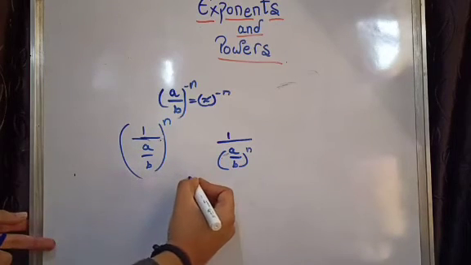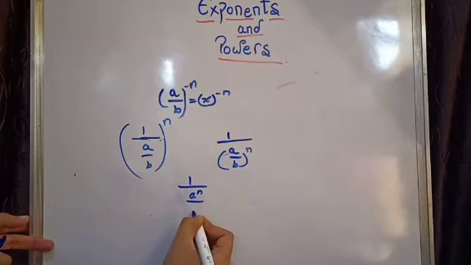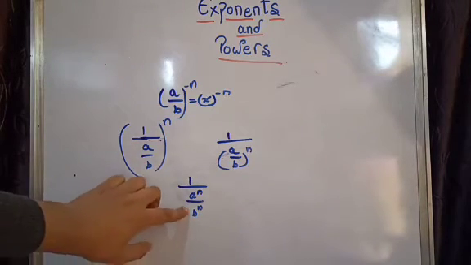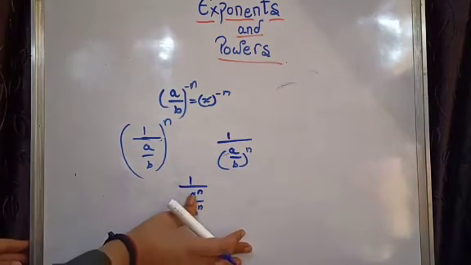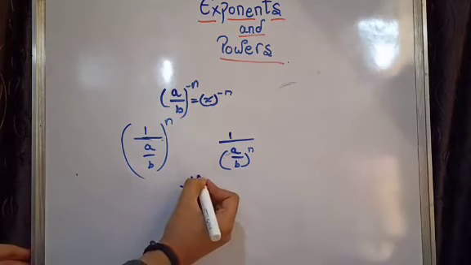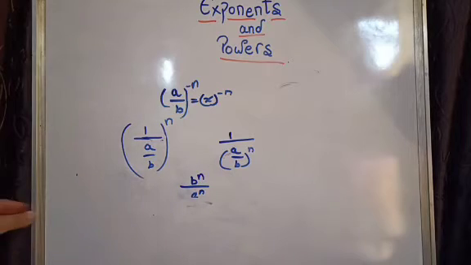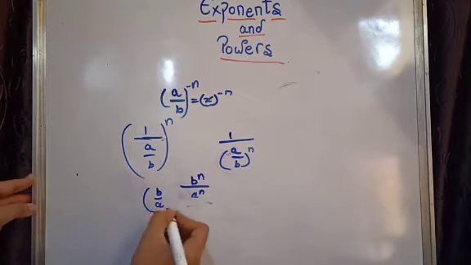So what will it become? 1 over a to the power of n over b to the power of n. So now you will see this b to the power of n will go upside. Now I will take this power n common, so it will result as b over a to the power of n.